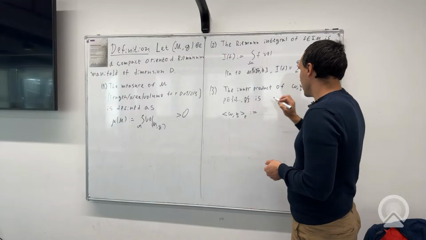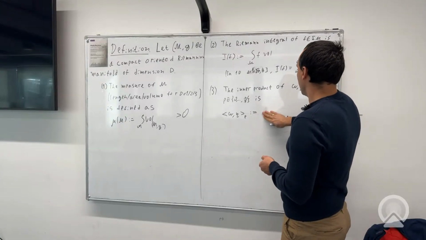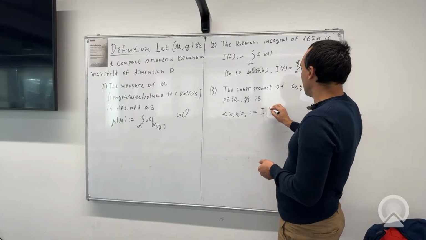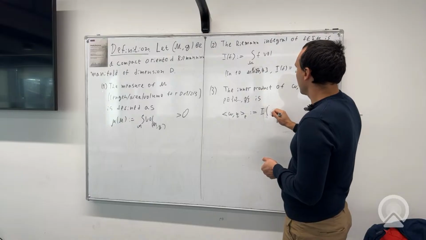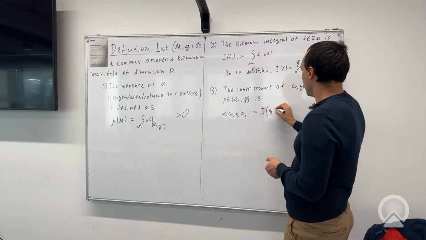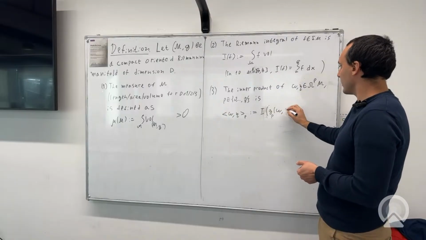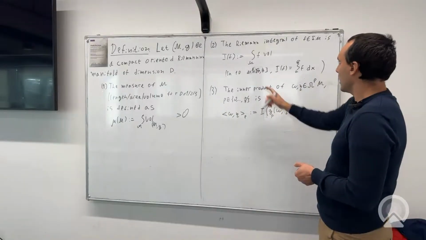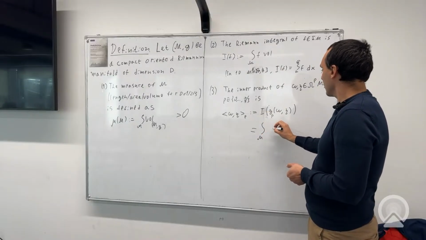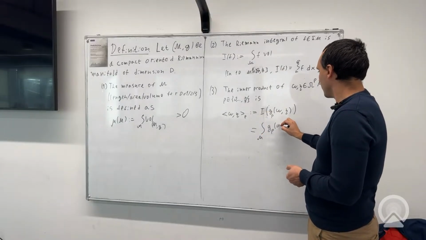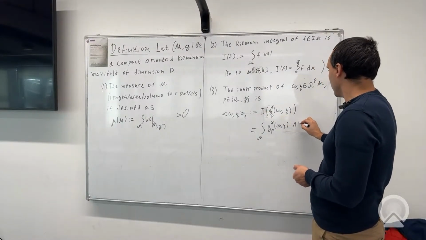And by definition, this is the Riemann integral of the metric tensor of these things. So the metric tensor returns a function. And if we expand, this is the same as the integral over M of g_p star omega eta, wedge the volume form.